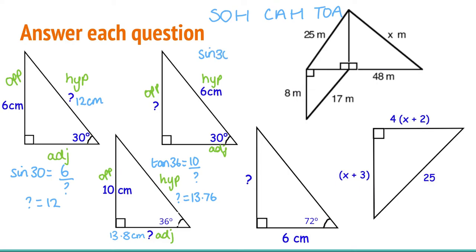Sine of the angle equals the opposite over the hypotenuse. Again, I can just type that straight into NSolve to find the missing length, and it tells me that it's 3. So the opposite there is 3 centimeters.